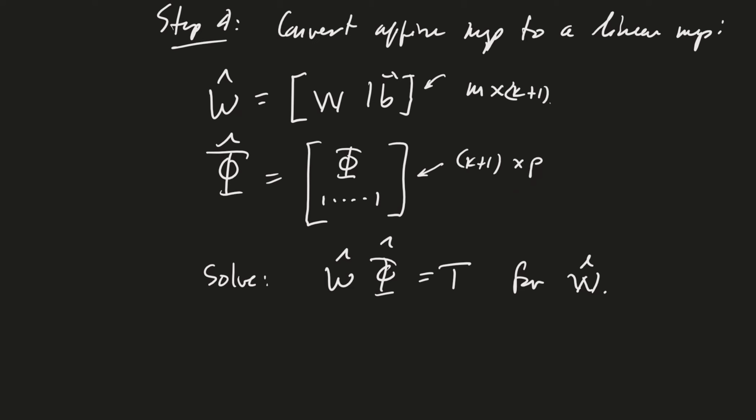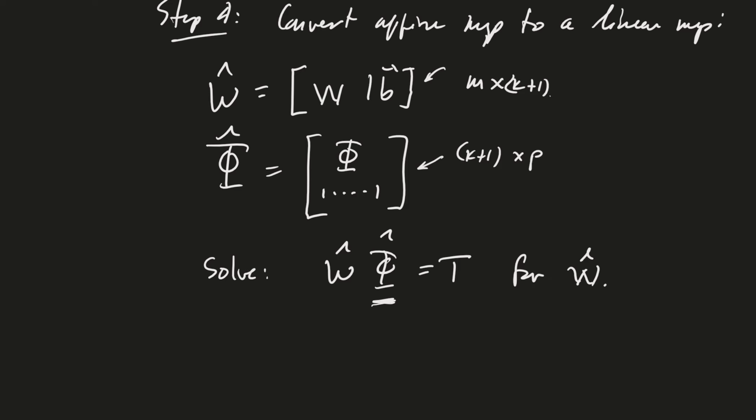Okay, how do we do that? Did you say take the pseudo inverse? Phi hat, right. So now we take Phi hat with a dagger or a cross or a plus. I guess some people use a plus. It's easier to, yeah, otherwise it can look funny.